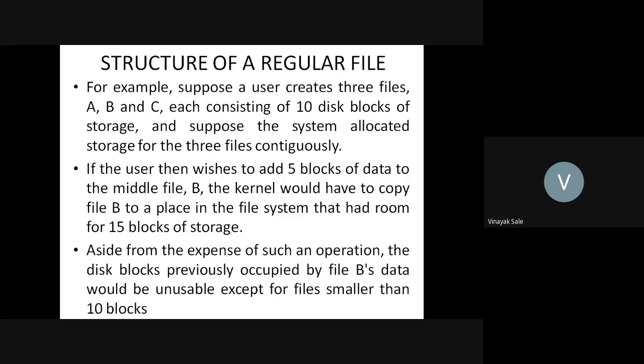If the user wants to add 5 blocks of data in the middle of file B, the kernel will copy the contents of file B and place it in the file system for 15 blocks of storage. So aside from the expense of such an operation, the disk blocks previously occupied by B are unusable.